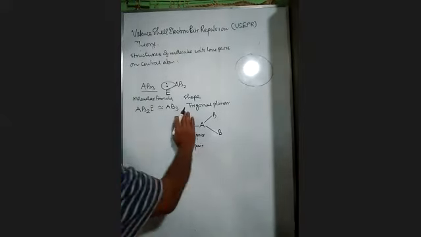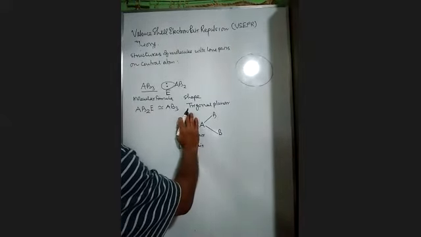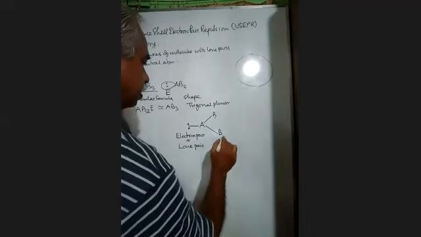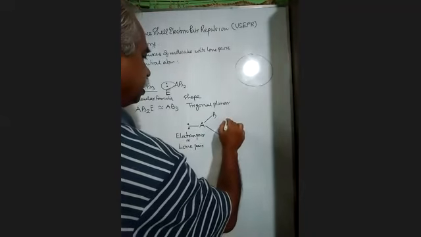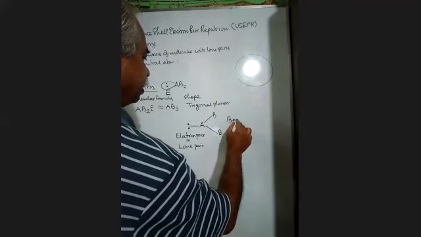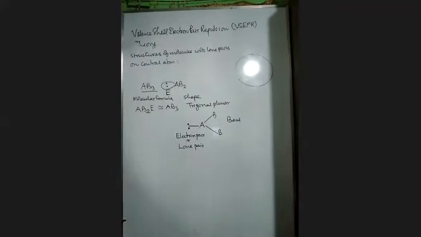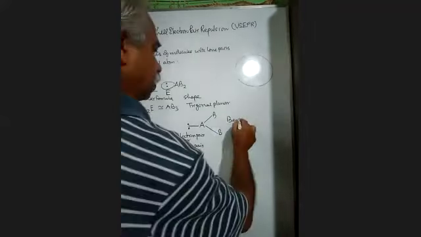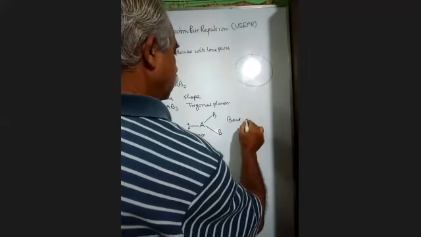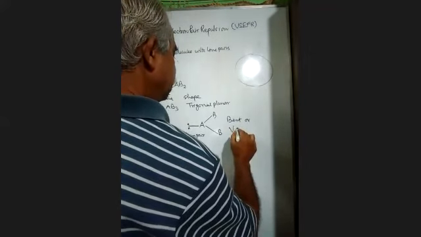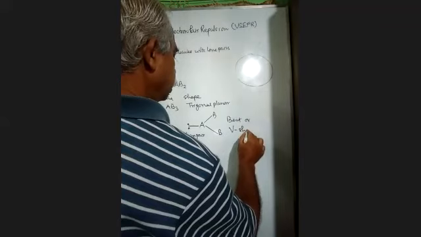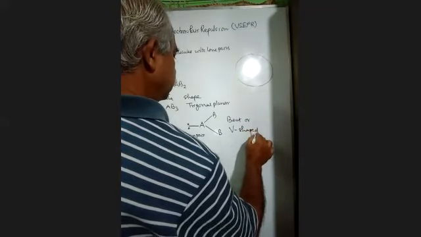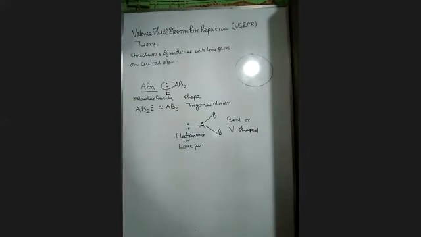So in that case, how does it look like? So the shape here is bent, or you call it V-shaped.